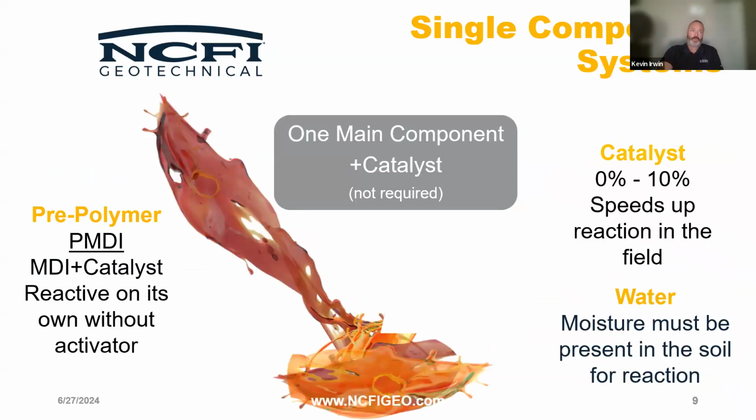I do want to just mention that there are single component systems out there. We call them single components. They do have catalyst and some other things in them, but the primary activator component of that is the prepolymer. So it's more like an A side. In fact, it's mostly A in a lot of ways.